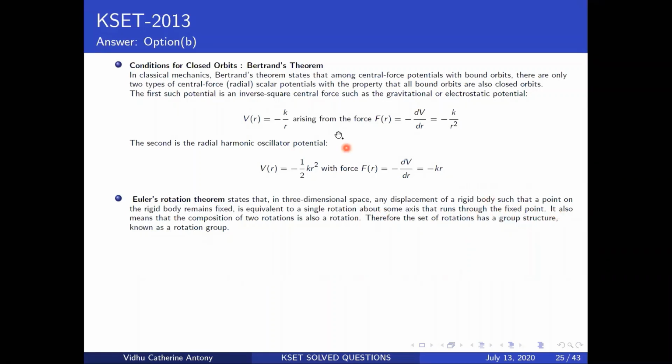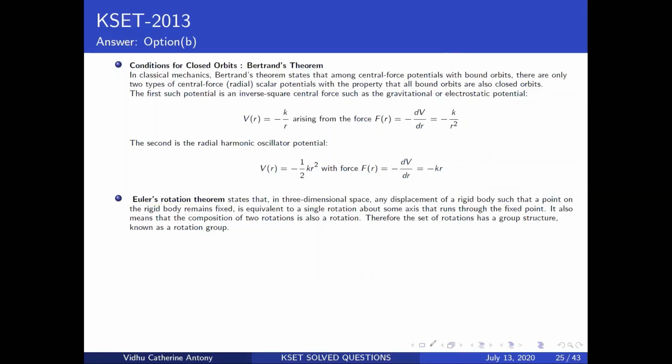So what was the situation we were describing? We were describing the situation where you had your body and it was fixed, and you're talking about the general displacement of that body. So it looks similar to this, right? Euler's rotation theorem seems to describe this situation here.